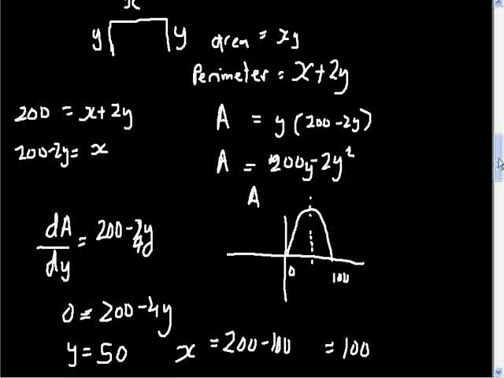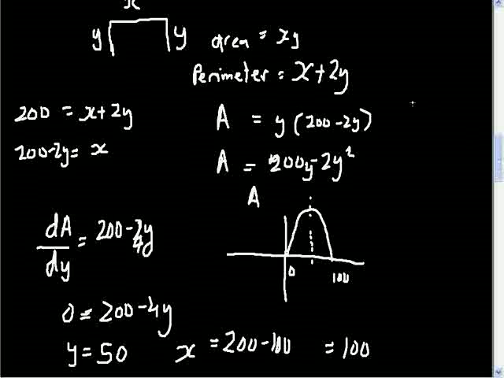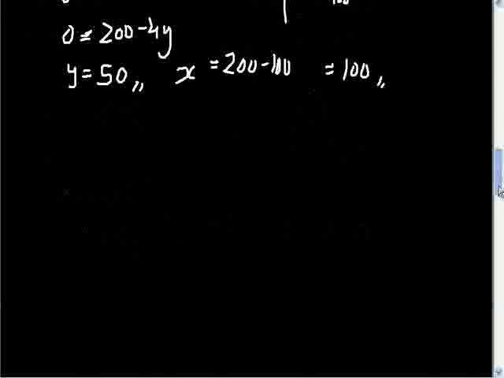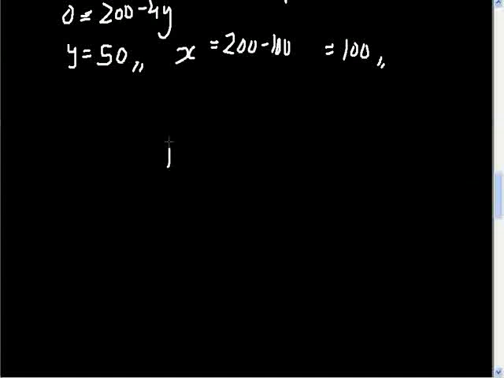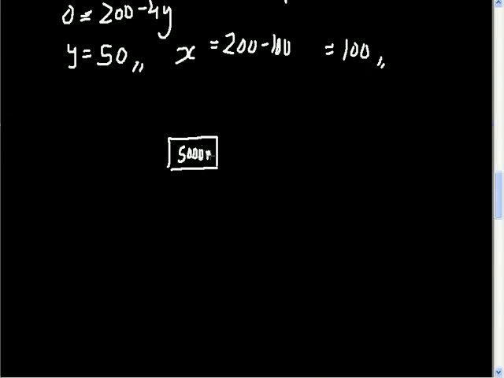So the optimal dimensions to create the maximum area would be where the two shorter sides are 50 and the longer side is 100, and that will give me my maximum area. That would be an area of 5,000 meters squared.